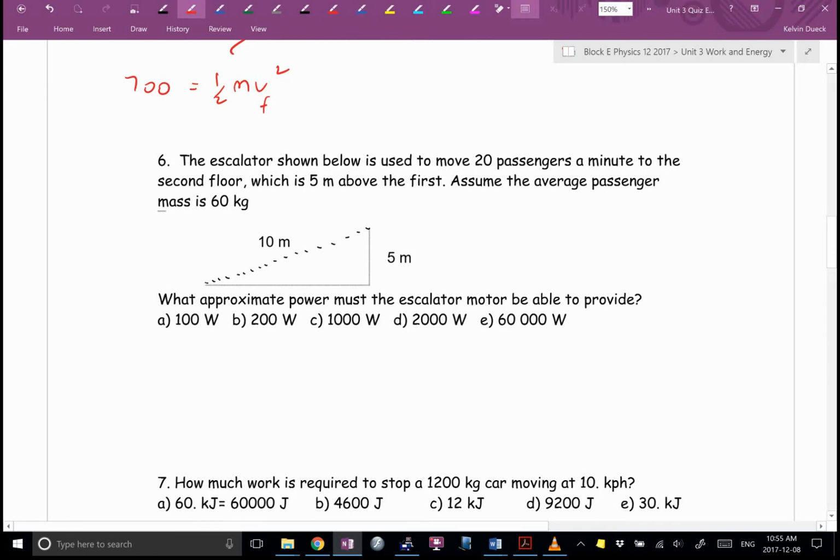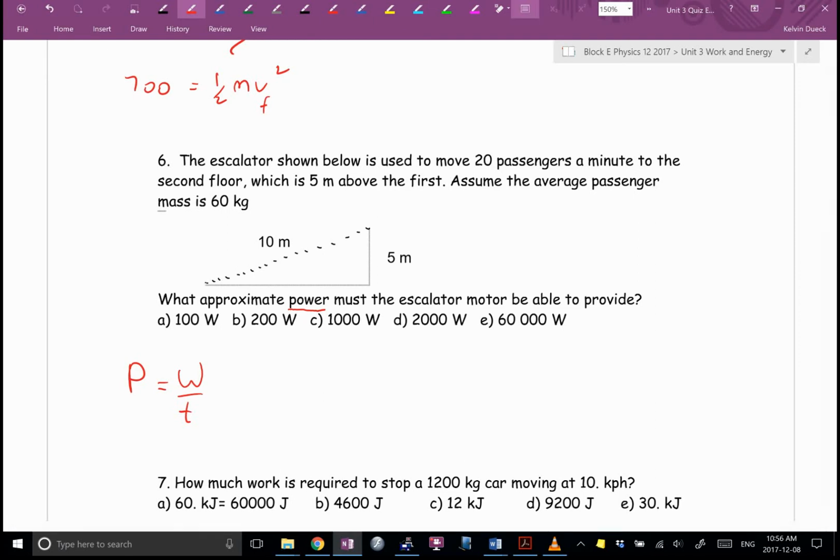Number 6. Pierce, what's number 6 asking me to find? Power. So my first thought, I have 2 equations for power. My first thought is work over time. I'll write that down, but I would normally just think it. And then I would go say, well, did they tell me a time?